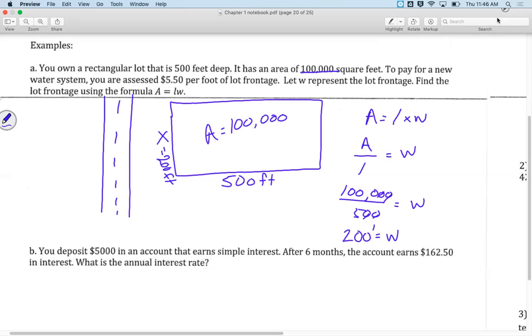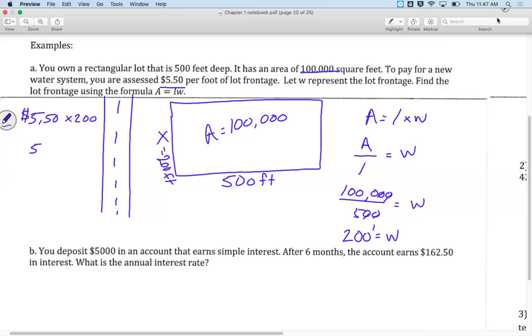But that's not really what I'm after, am I? I'm after how much it is going to cost me. So if it costs me $5.50 per foot of lot frontage, now I'm going to do 5.50 times 200. Watch this.